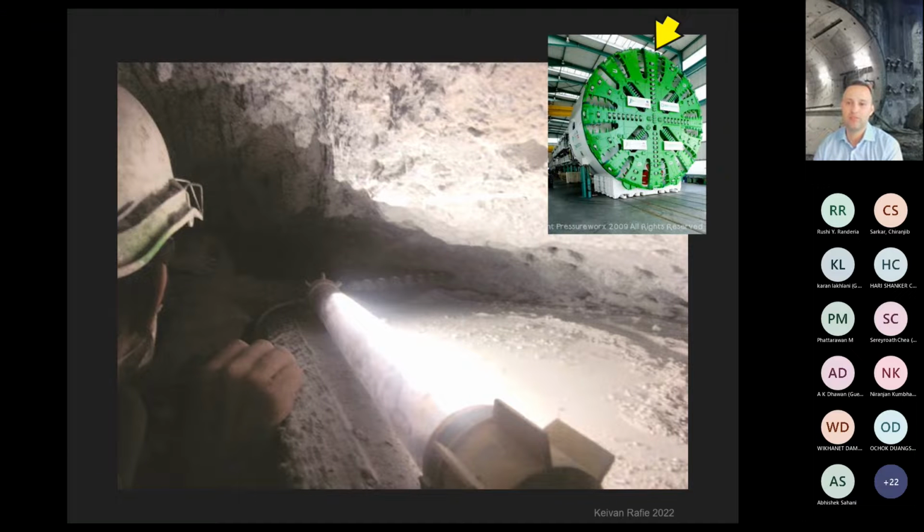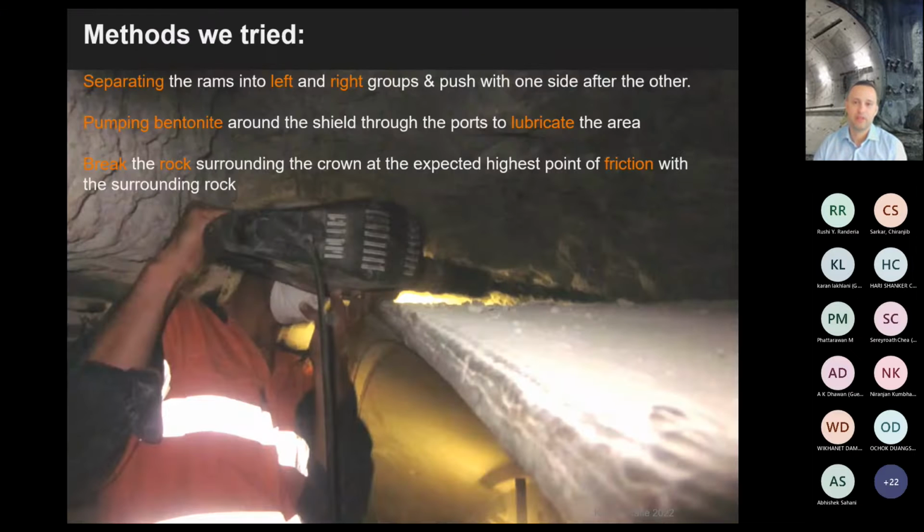Just looking at this photo, I remember that's me, trying not to look 12 meters down in the dark while standing between the TBM bulkhead and the cutter head. So we tried using the available rams in the bottom section of the TBM to release it.